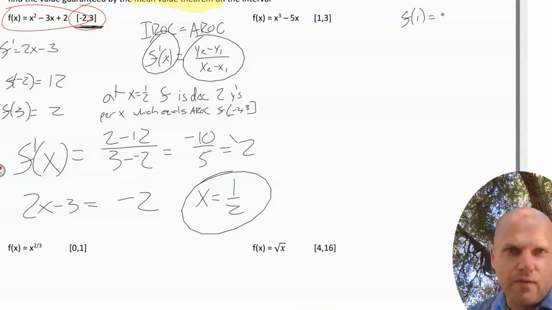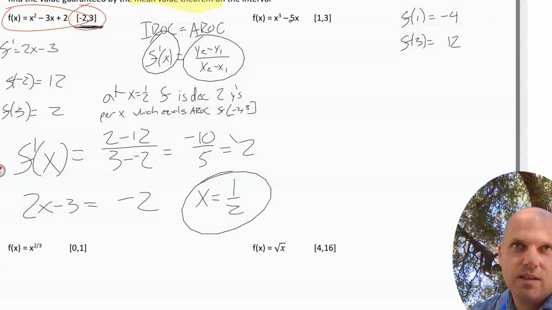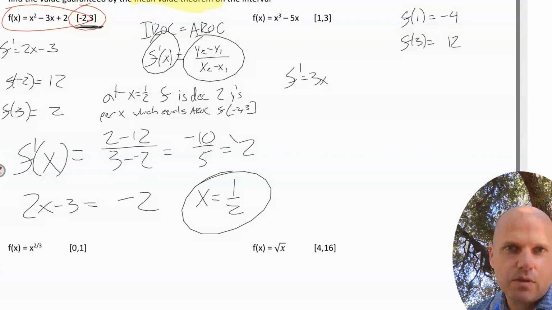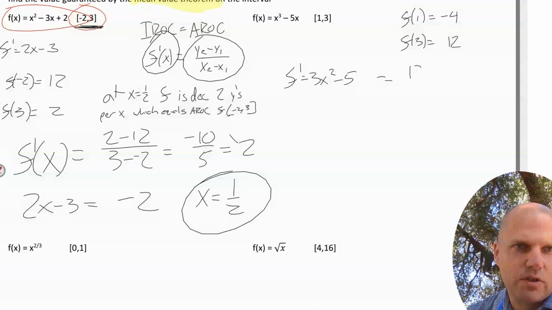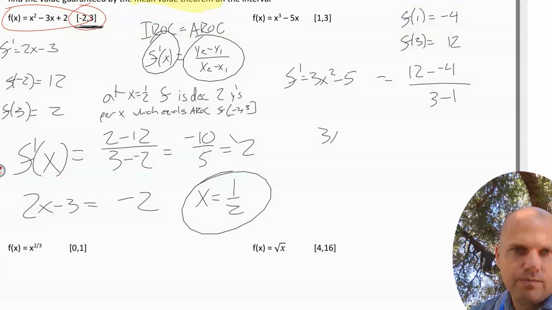All right, so we got f of 1, which is -4. We got f of 3, which is 27 minus 15, which is 12. We got slopes of the tangent. It's guaranteed there'd be an x where the slope of f equals the average rate of change.